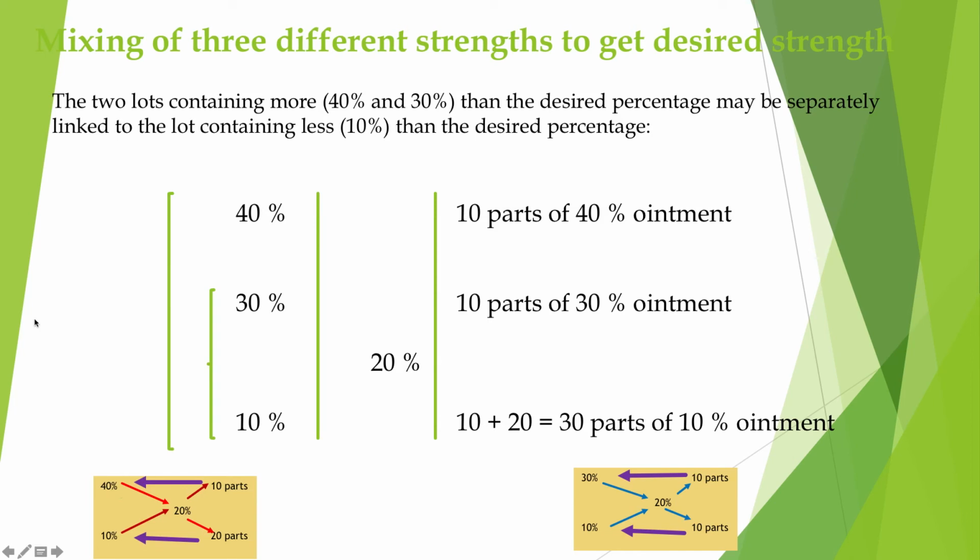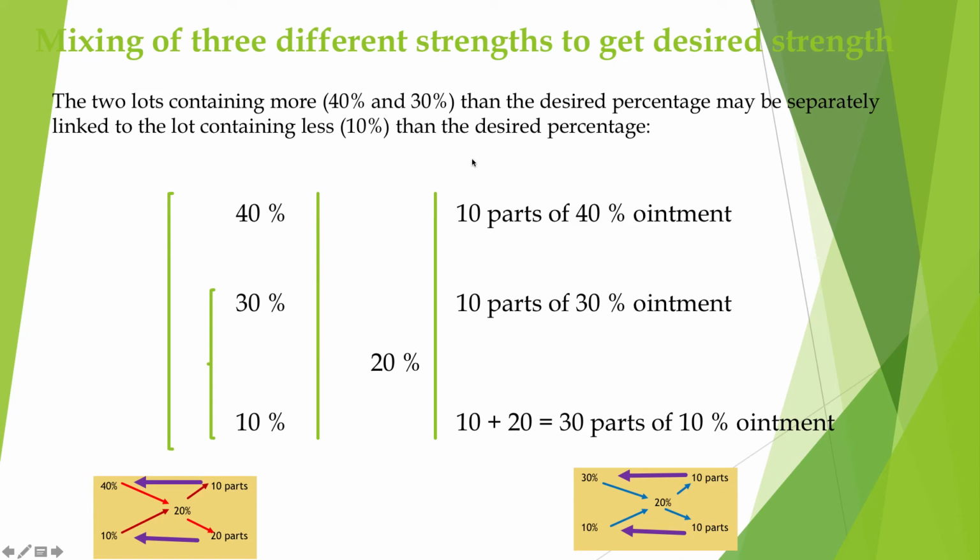In the second set, the lowest strength is 10 and the difference between 20 and 10 is 10 parts, and the difference between 30 and 20 is 10 parts. So we have to mix 10 parts of 30% ointment and 10 parts of 10% ointment. For 10% ointment, we need 2 kinds of parts, 20 parts and 10 parts.